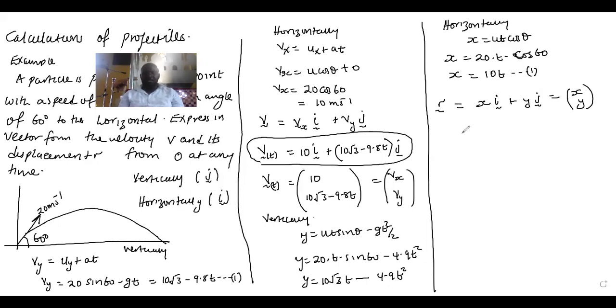So the one in the horizontal comes first, followed by the one in the vertical. So the displacement r will become 10t i plus (10 root 3 t minus 4.9t squared) j. If you want to write it in column form, r at any time t can be written as 10t and 10 root 3 t minus 4.9t squared.